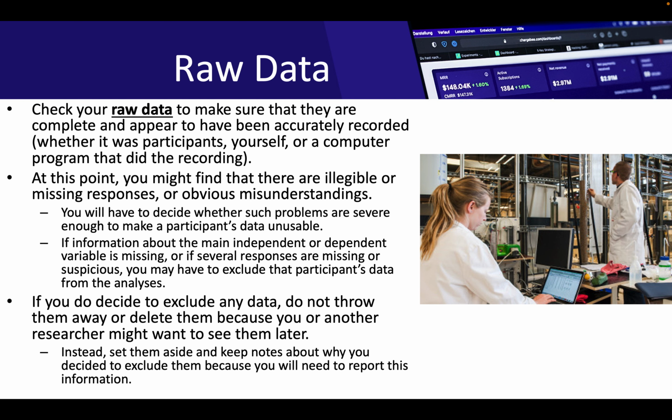If the information about the main independent or dependent variable is missing, or if several responses are missing or suspicious, you may have to exclude the participant's data from the analysis. If you do decide to exclude any data, do not throw them away or delete them, because you or another researcher might want to see them later. Instead, set them aside and keep notes about why you decided to exclude them, because you will need to report this information.